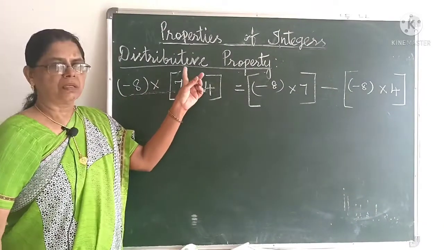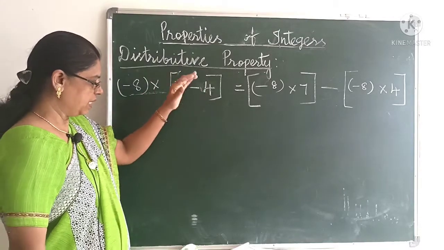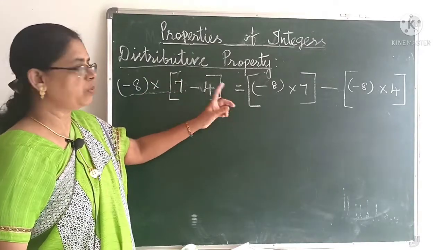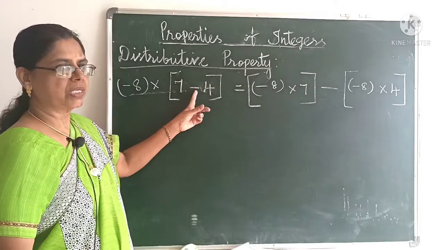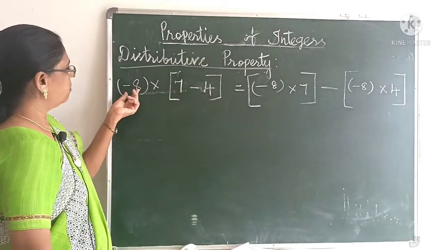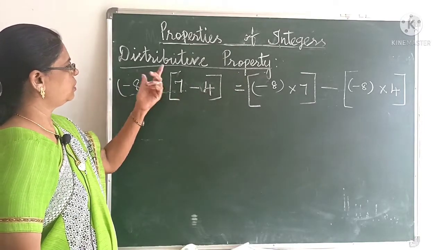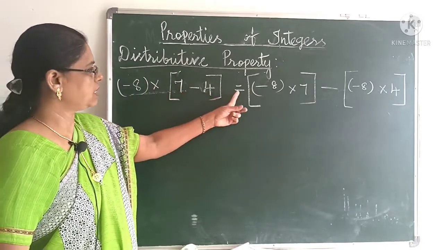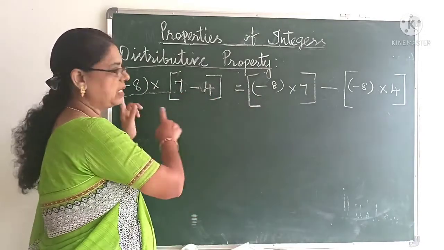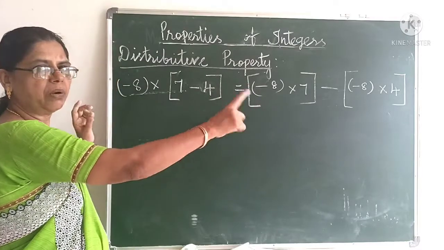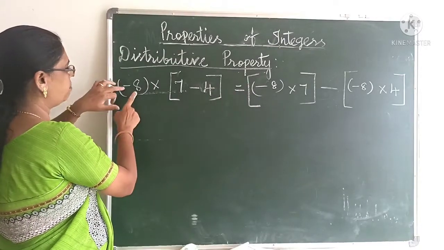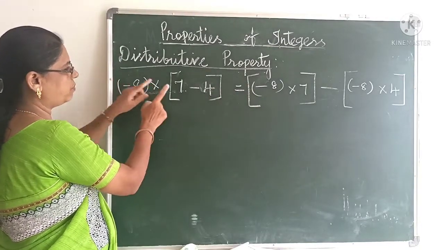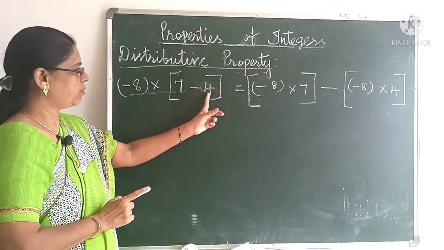Children, now we will see whether multiplication distributes over subtraction. Let us read the sum. Minus 8 into 7 minus 4 is equal to, that side it is written distributively. How will you write it distributively? Minus 8 is common for 7 as well as 4.